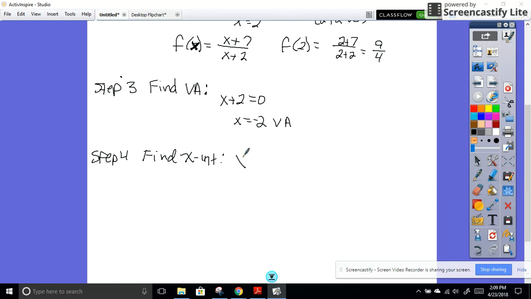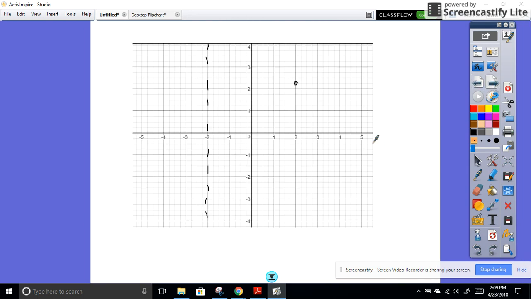My numerator is x plus 7, so x equals negative 7. At negative 7 is where my graph is going to be crossing the x-axis.